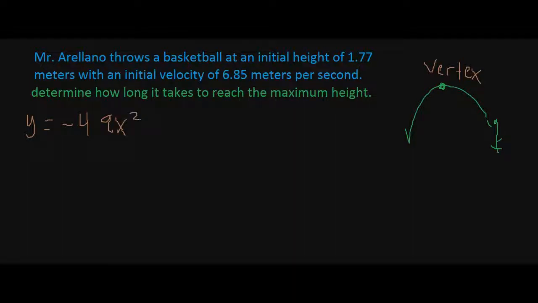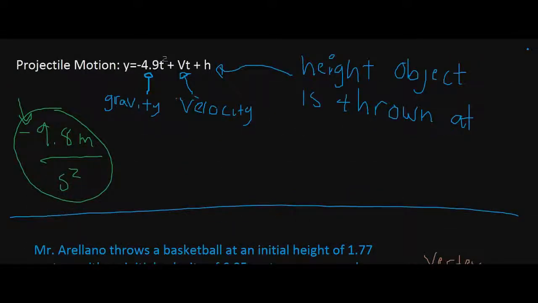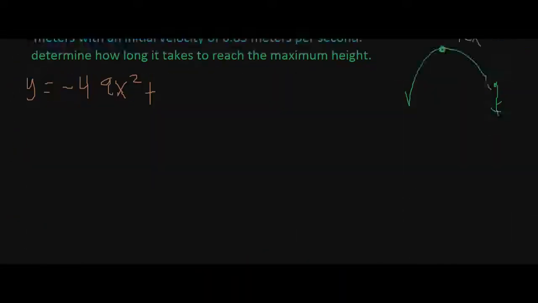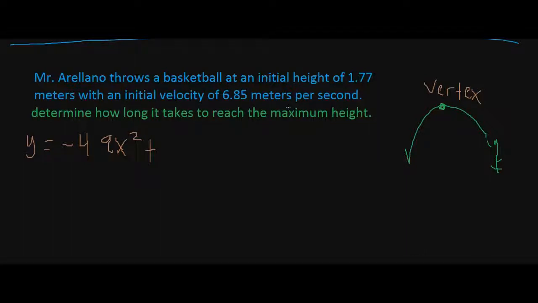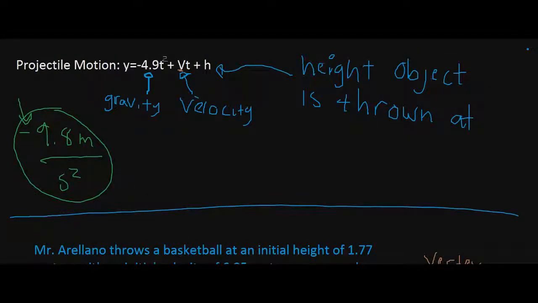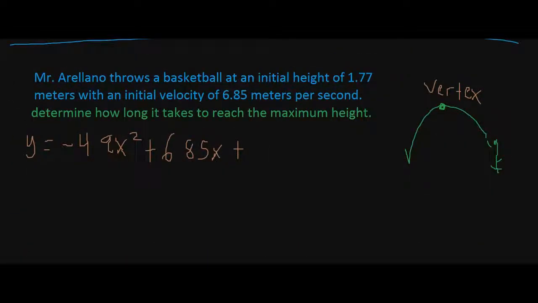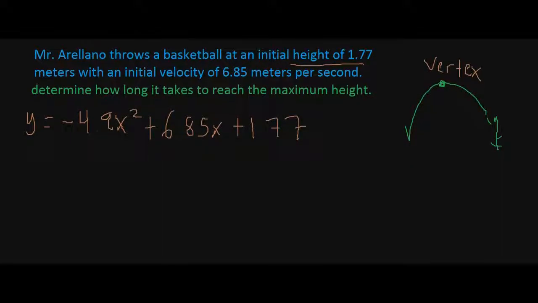Plus, looking back at our equation up here, the number that goes here is our velocity, which was 6.85x, plus finally the initial height that it was thrown at, the h, which is 1.77.